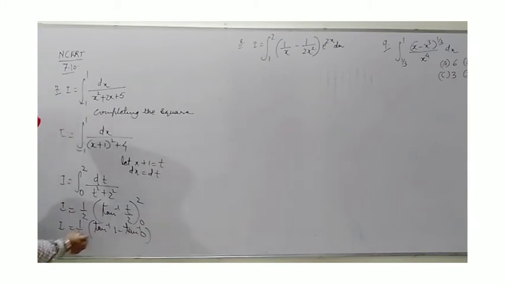As tan inverse 1 is pi by 4, pi by 4 minus 0 makes it pi by 8. The final answer.